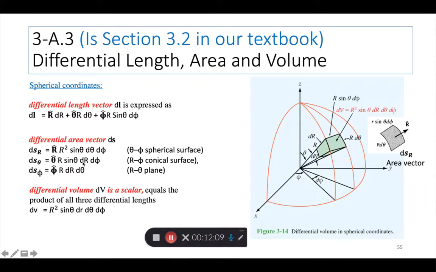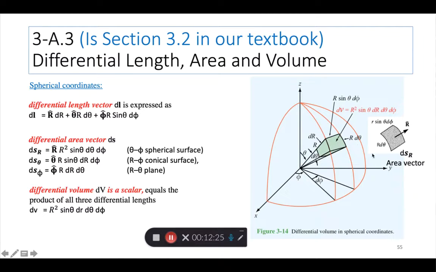Next we talk of the differential area vectors ds. S in this case is about area, and again the area is the product of two things in each case.